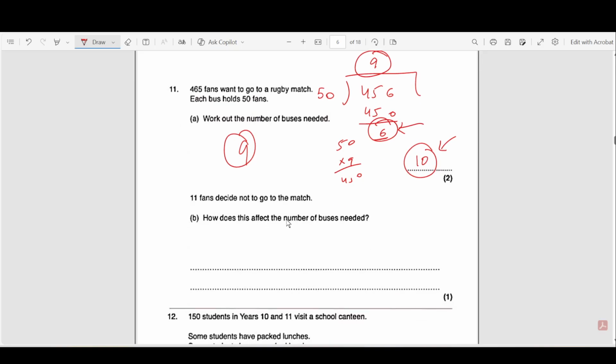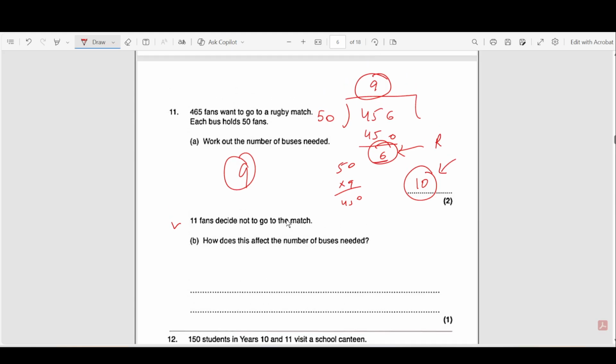Let's see next question. I mean, next part. So 11 fans decide not to go to the match. How does this affect the number of buses needed? So as you can see, 6 was the remainder, right? Remainder was 6. My answer was 9. And because 11 fans are not going, that means only 9 buses are needed here, right? 9 buses are needed.